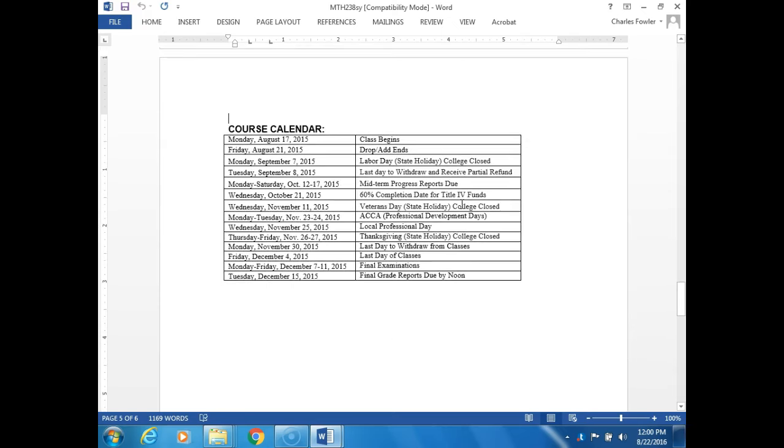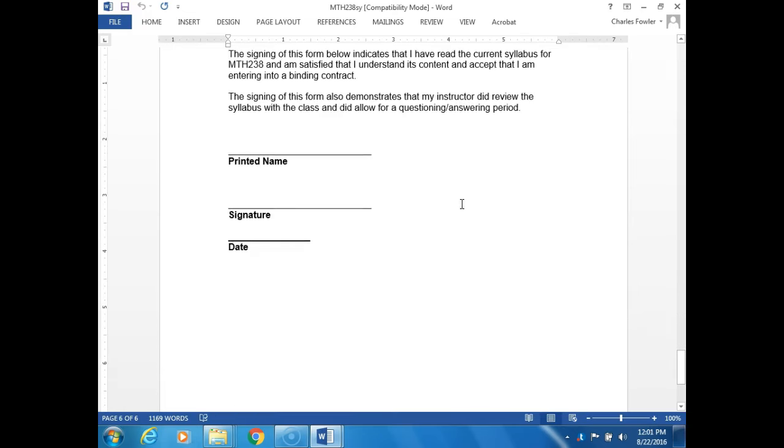Obviously, this course calendar is wrong, but it's not too bad because it was a fall term. I'll get these dates and years changed and adjusted, and I'll get that done. And I think that's all. Student acknowledgement form.